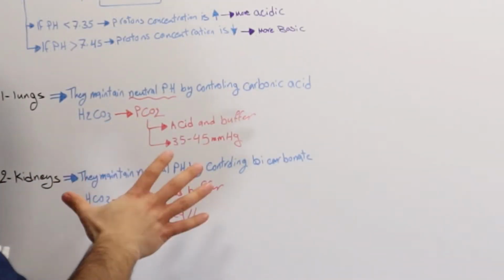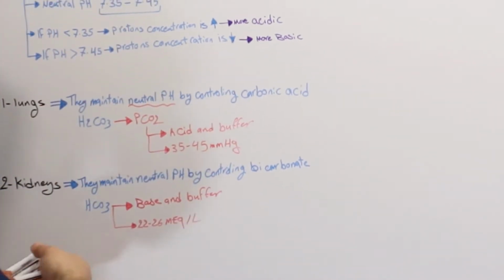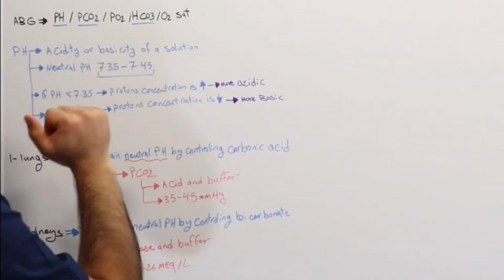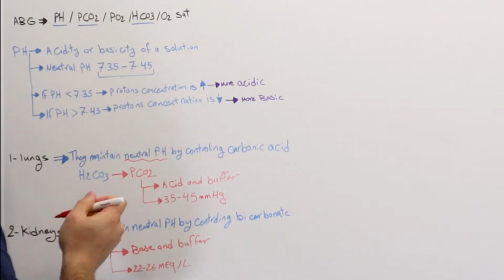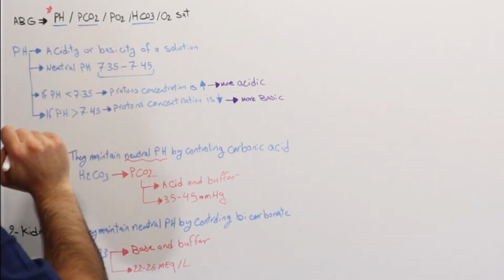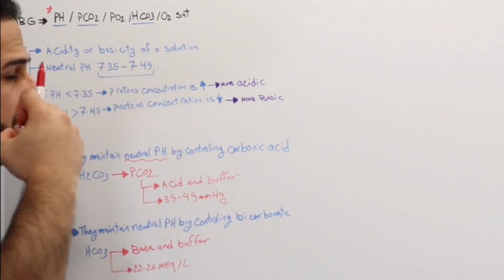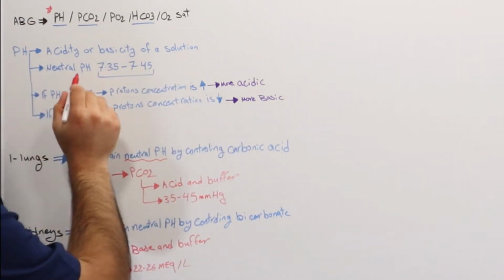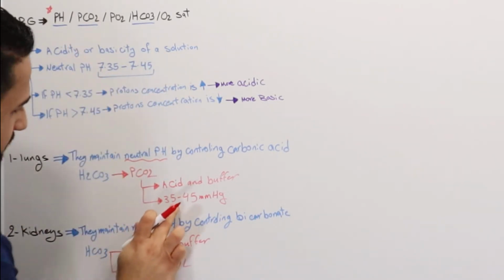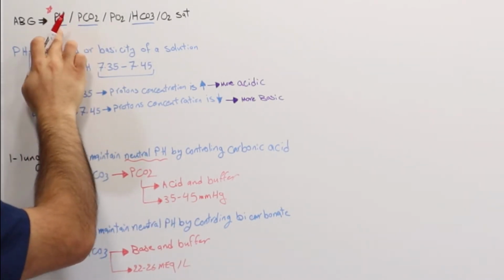An easy way to keep these numbers in your mind: first, the pH is 7.35 to 7.45. For PCO2, I take the 7 out, and we end up with 3.5 and 4.5.